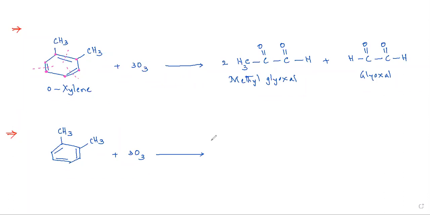No. We get different products. 100% different. It's because of the products of ozonolysis. Actually, scientists got a doubt on the structure of benzene. Of course, finally concluded that it exists in two different structures.